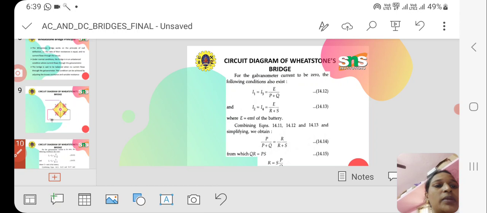Similarly, I3 will be equal to I4. By combining both the equations and simplifying, we find P by (P plus Q) is equal to R by (R plus S), from which QR will be equal to PS. So the unknown resistance is R equal to S into P by Q.